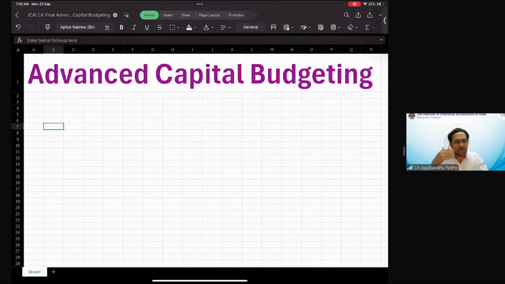There we might have already learned net present value calculation, IRR calculation, payback period, discounted payback period, and modified internal rate of return. These are some of the topics that you might have already got acquainted with during the intermediate studies.